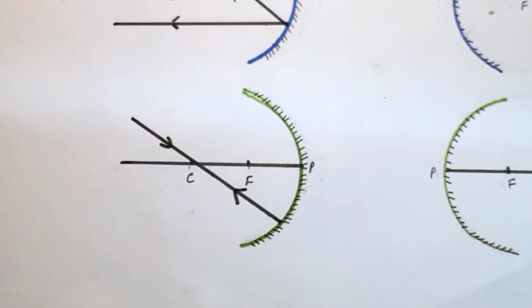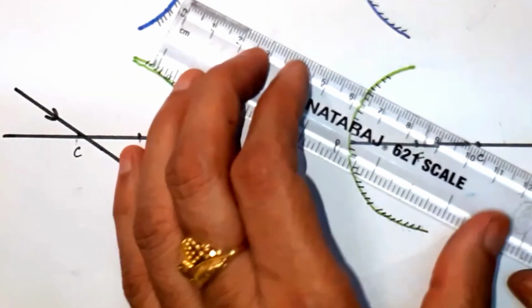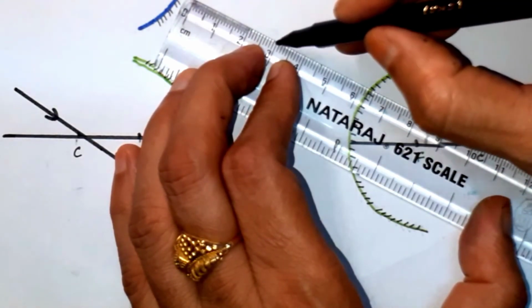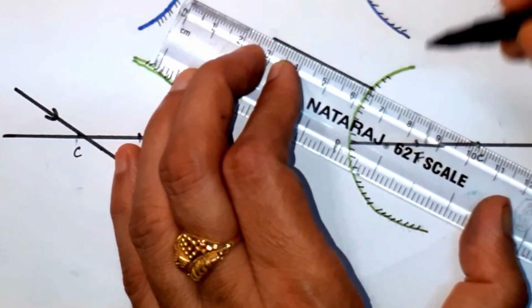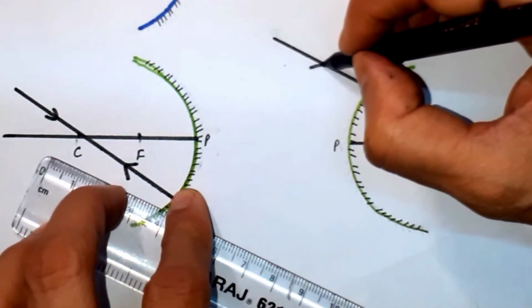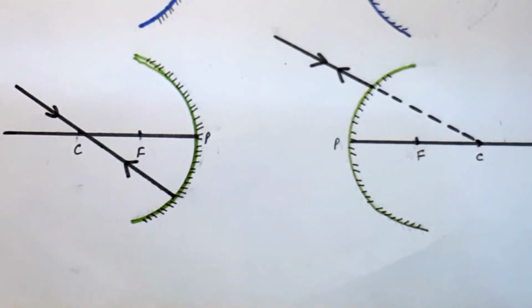Same is the case in the convex mirror. The ray is coming from the center of curvature and it will retrace its path. Means it will go back along the same path.